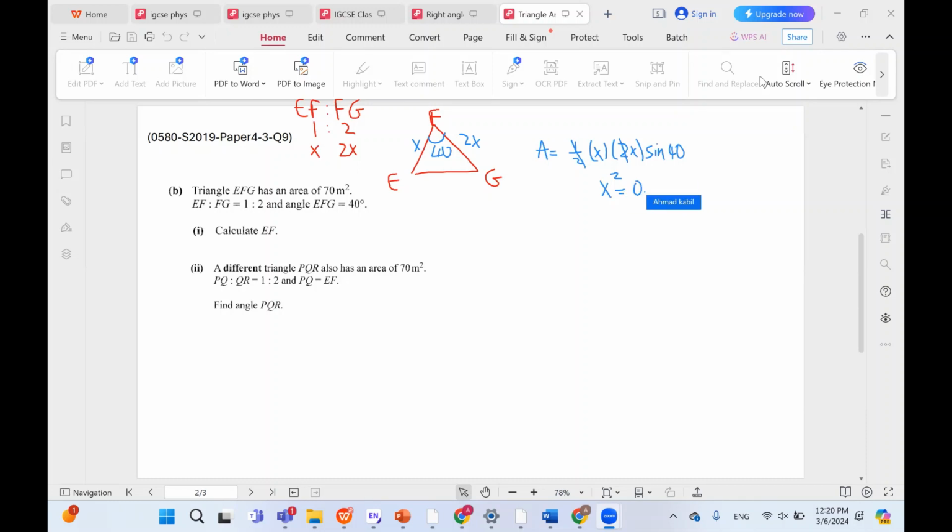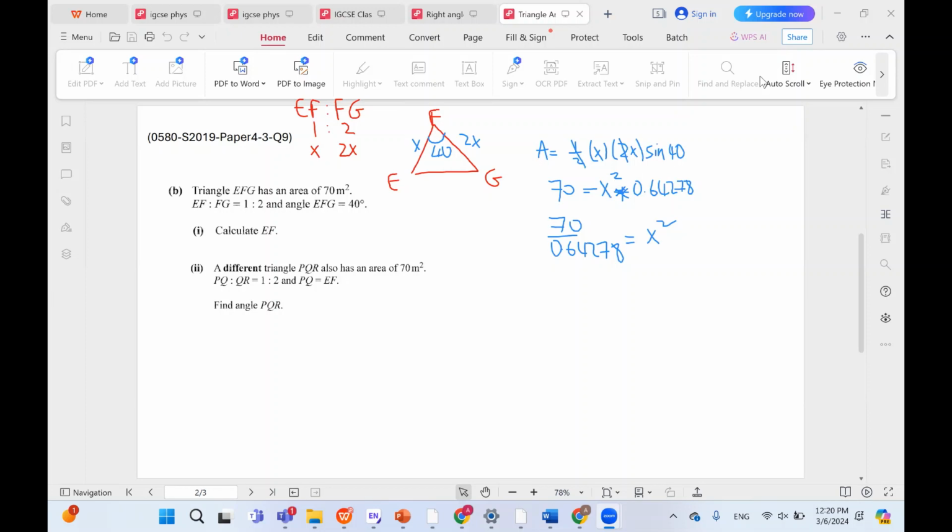So this is x squared multiplied by 0.64278. And this is equal to the area. And we are already told that the area is 70. So we can divide 70 by 0.64278. And that gives us x squared, which is EF.